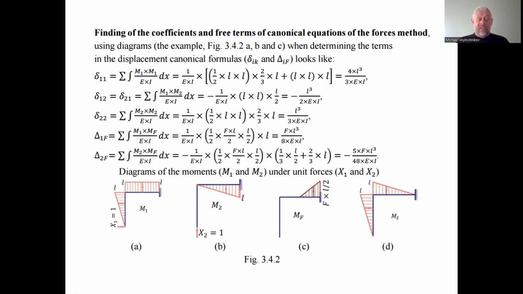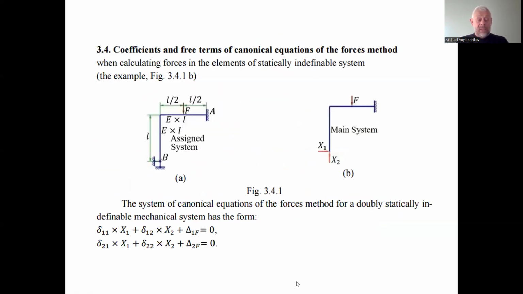So we can substitute all these magnitudes of factors and free summands into the canonical equations here, and we can find the two unknown variables under the deformation of this statically indefinable system.